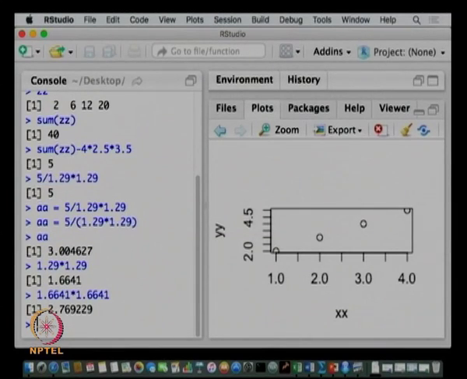Okay. So, you can accordingly use the formula and find out the correlation coefficient rho. Determine the formula and use it to find out the correlation coefficient.